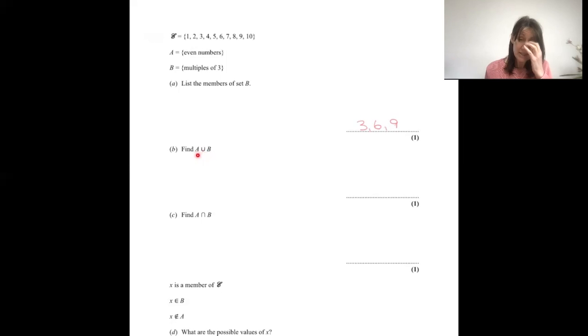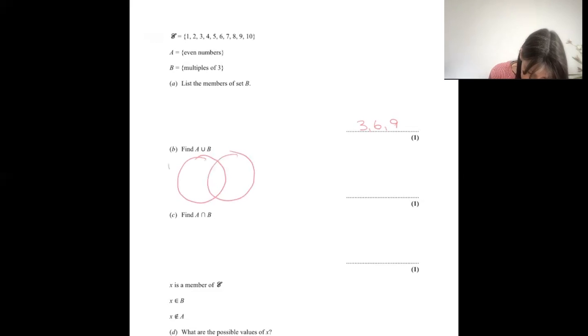Now you can manage this question without the Venn diagram, but I actually think it's much easier to just draw the Venn diagram so that you can get all your answers really easily from it. So at this stage, I am going to draw my two circles. I've got a circle for A and I've got a circle for B.